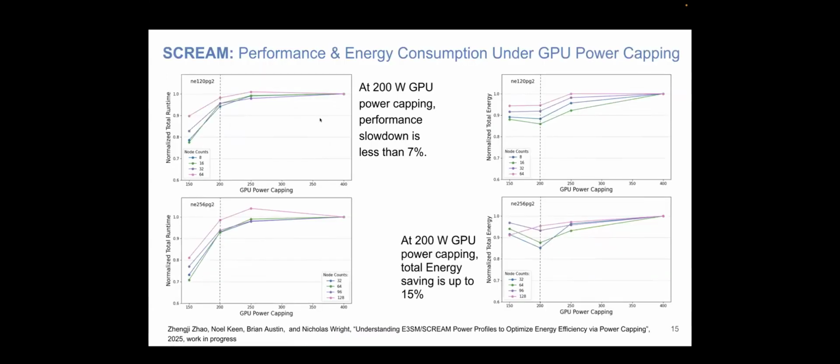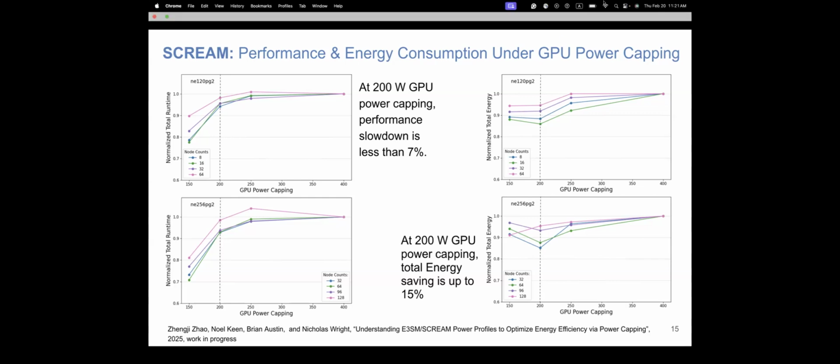And for SCREAM, this is a GPU version of E3SM. The left side is the performance, and this is the energy consumption. The conclusion is also interesting: at the 200 watt GPU power capping, we see the maximum slowdown is 7%, and the total energy saving is up to 15%.